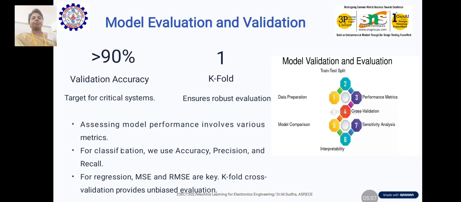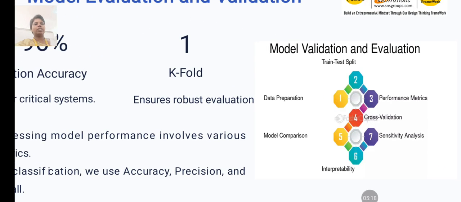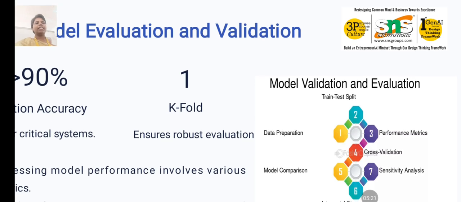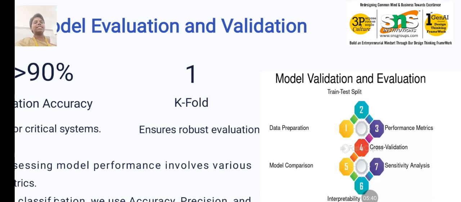Likewise, next is model evaluation and validation. How are we going to evaluate the model as well as validate it? Here we can see the image of the process. First comes data preparation, the train test split, then performance metrics, cross validation, then model comparison, then interpretability as well as sensitivity analysis.